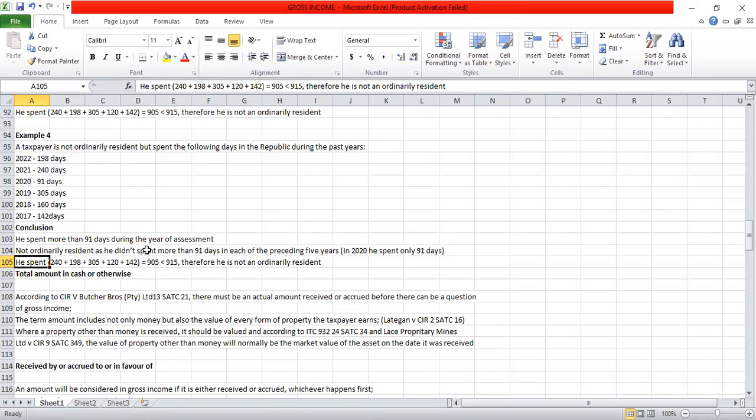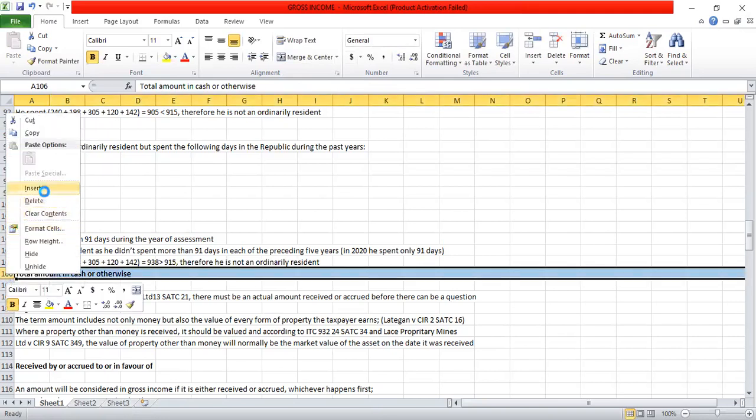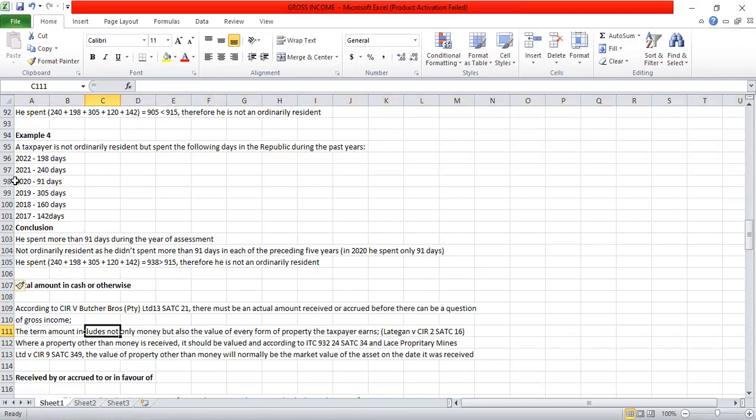938, which is greater than 915. So you'd find that this guy meets the first and third requirements, but he misses the second, because in 2020 he was only there for 91 days. 91 days does not exceed; it's not greater than or equal to 91.